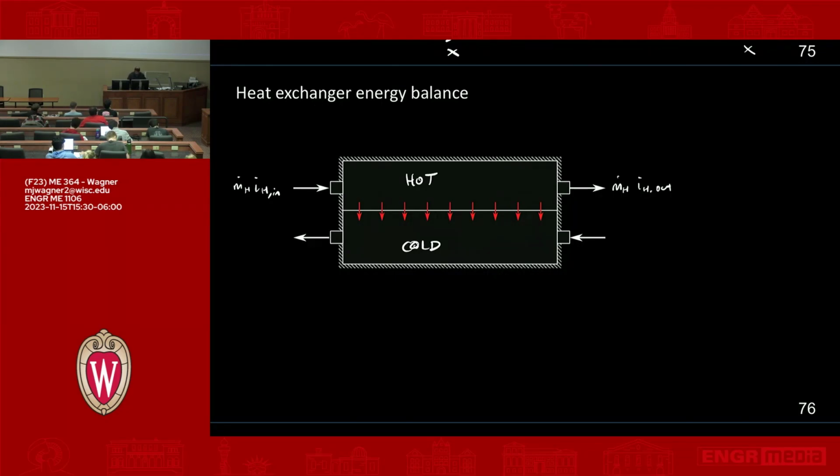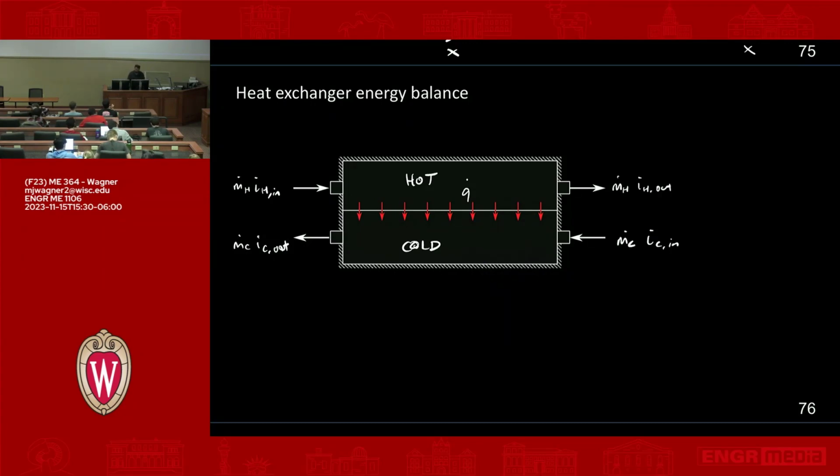On the other side, we've got the cold flow, that is m dot c, ic in down here, m dot c, ic out over here. And then we have some heat flow, Q dot, we'll call it. Q dot is the accumulated heat flow from the entire length of this system.